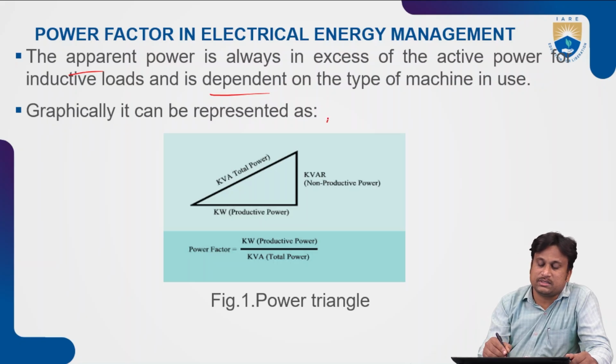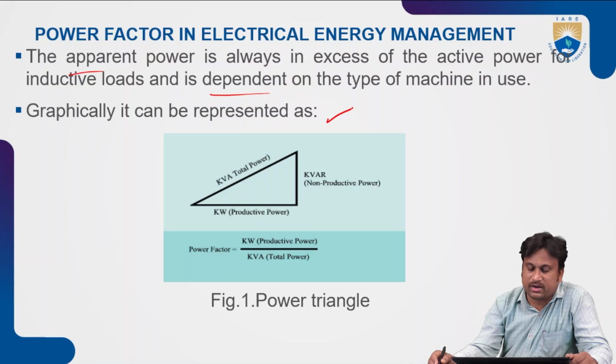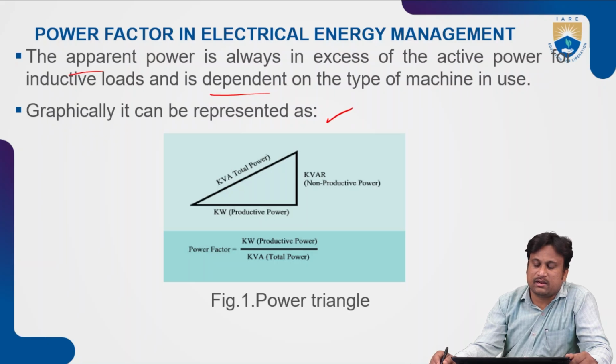For a graphical representation we may take the power triangle. One side may be treated with total power in kVA, another side with kVAR as non-productive power, and the base will be treated as productive power in kilowatts.